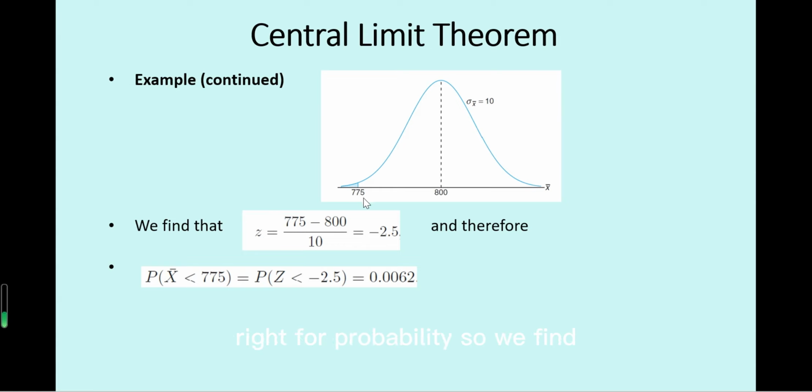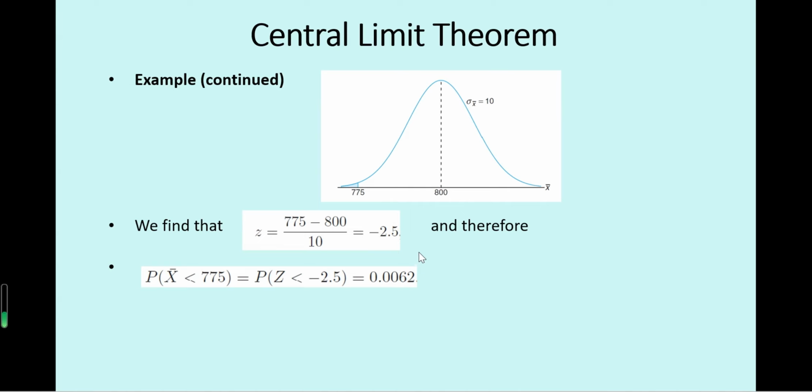For the standard normal distribution, this value minus the mean divided by the standard deviation is a Z value, a standard normal random variable, which equals minus 2.5.